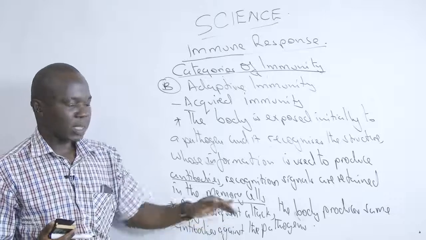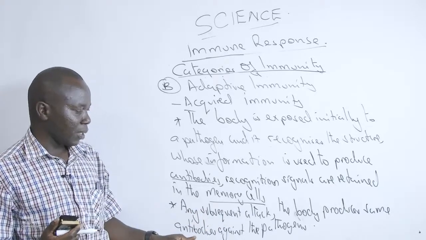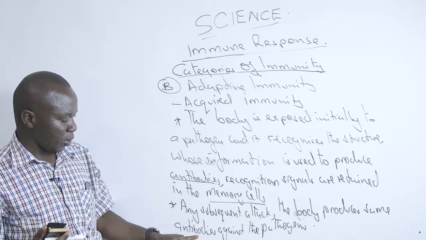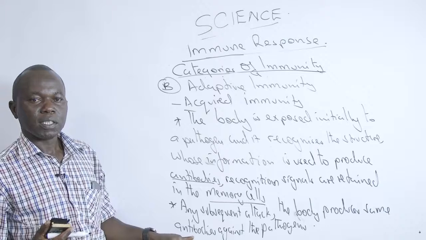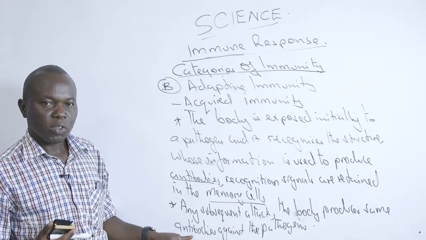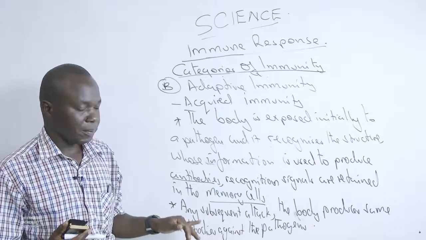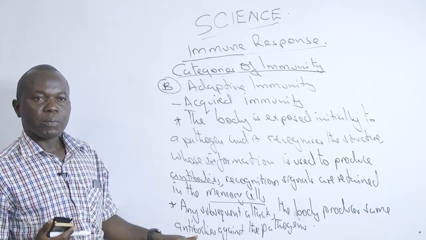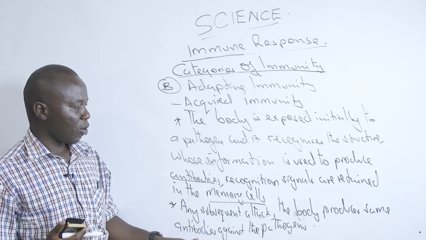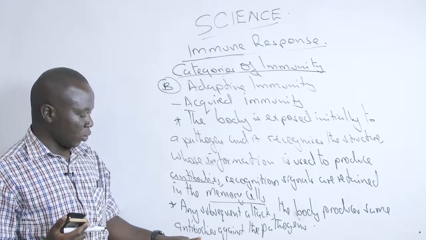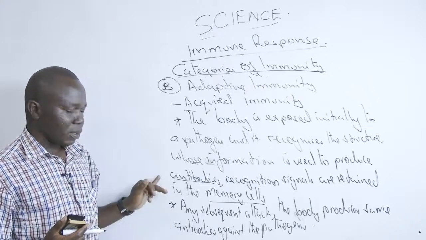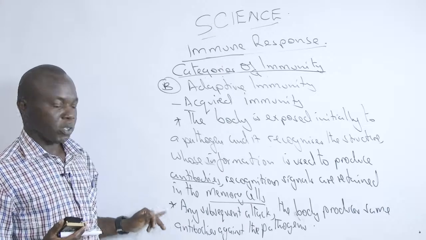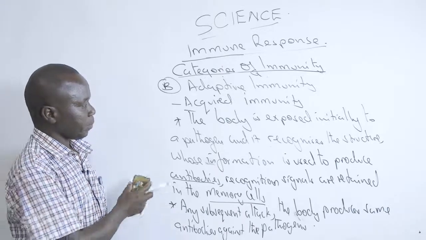Then for any other subsequent attack, the body will just remember that this is the pathogen that attacked me at one point, and I produced this kind of antibodies. So in fact, at any other subsequent attack, second, fourth, you are not going to produce any symptom of the disease. You are not going to suffer from the symptoms of measles.